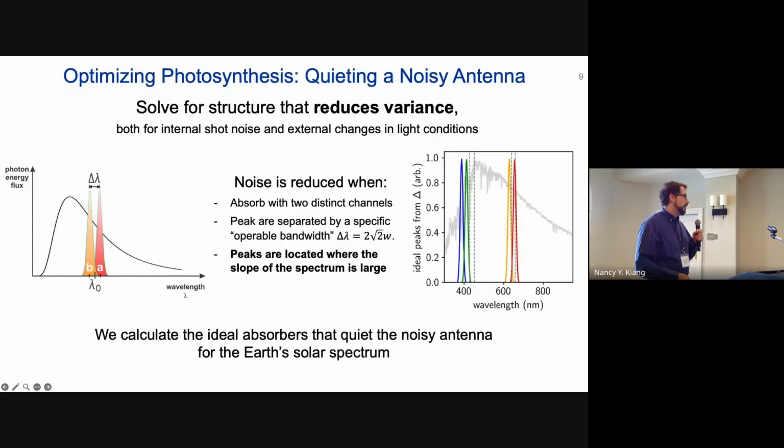All of this is to say that we can calculate what the ideal absorption would be to quiet a noisy antenna, given a solar spectrum. For example, if you consider the solar spectrum arriving at Earth, which is this gray line, I can calculate that this set of absorption peaks is good from this perspective.